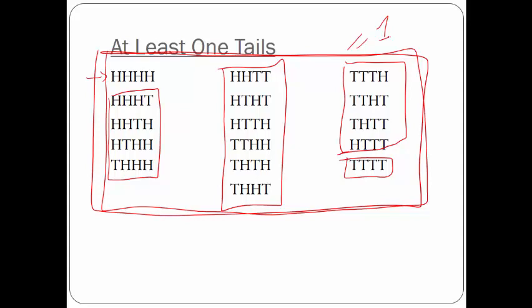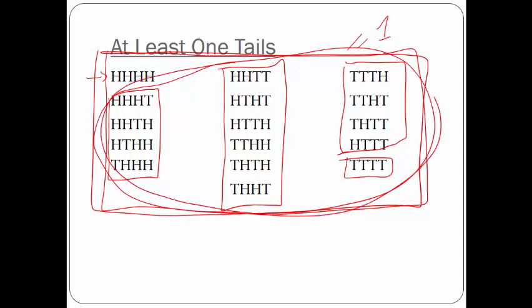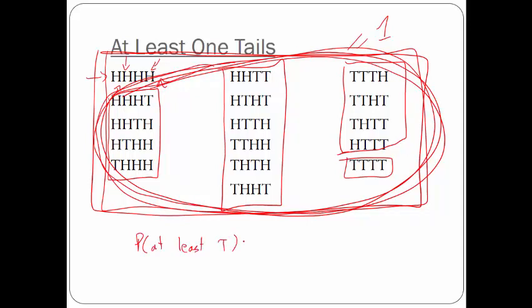We either have to figure out all 15 of these and add them up, or knowing that they should all add up to 1, if we can figure out the probability of all heads and subtract it from 1, that would give me what's left in the circle, right? So the probability of at least 1 tails, the opposite of at least 1 would be probability of no tails.